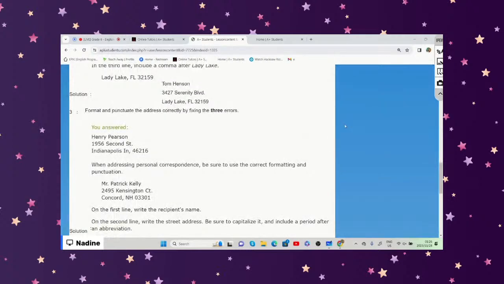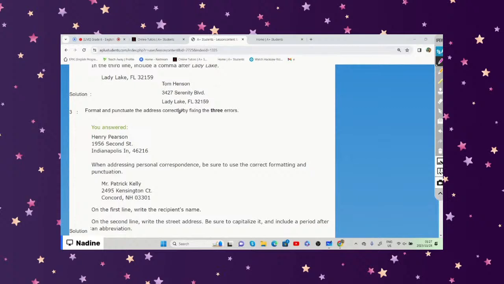All right, let's do one more. So this address now is, here we say we need to format and punctuate the address correctly by fixing three errors.